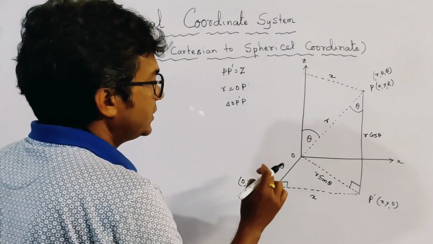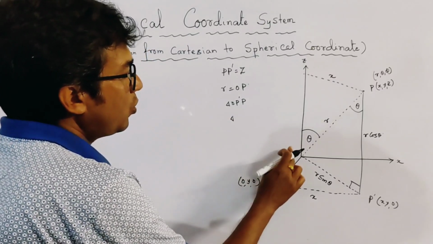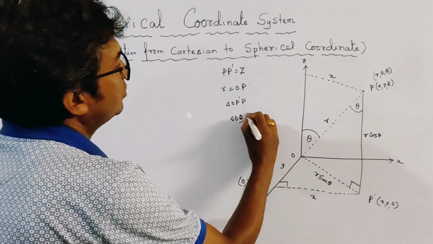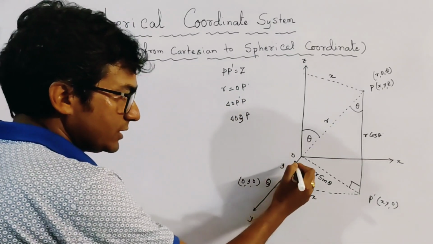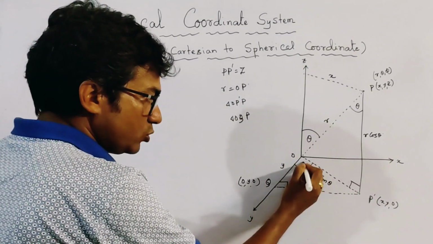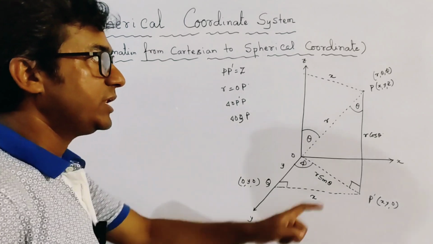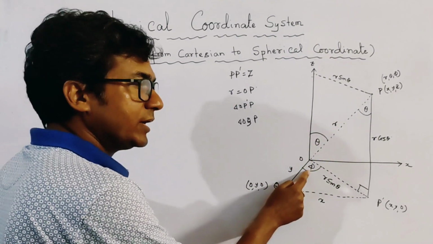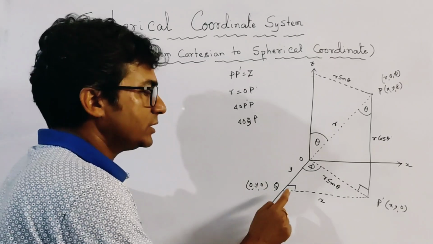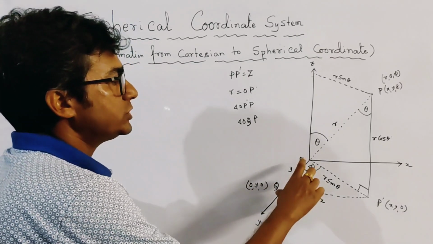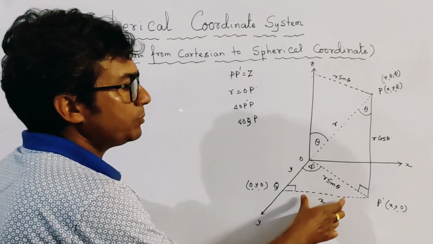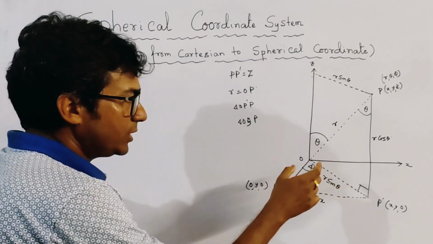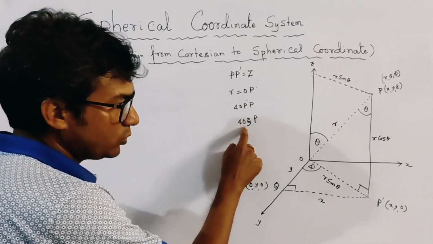From this triangle OQP dash, this angle is taken to be phi in the spherical coordinate system. Since this is the angle phi and this is perpendicular, that is a right angle, this is the base and this is the height of the right angle triangle OQP dash.